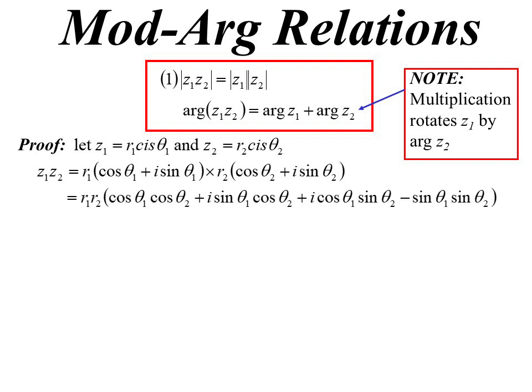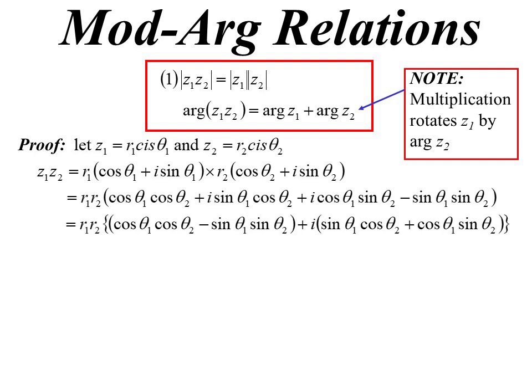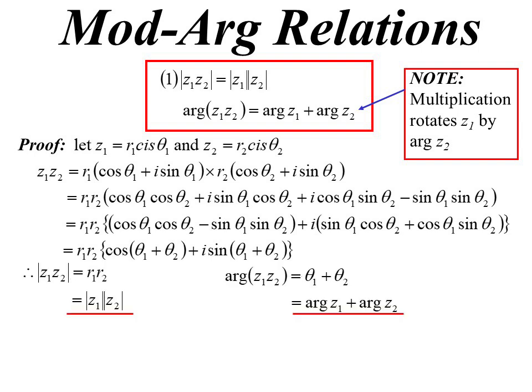But if you look at the real part and you look at the imaginary part, we see a very familiar pattern. Look at the real part: cos cos, sine sine. Look at the imaginary part: sine cos, cos sine. So what we have is the arguments have been added together. The cosine of theta 1 plus theta 2 plus i sine of theta 1 plus theta 2. And so we have our proof.